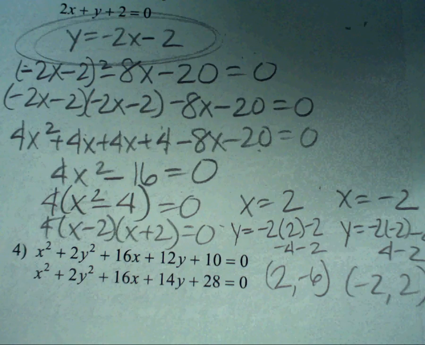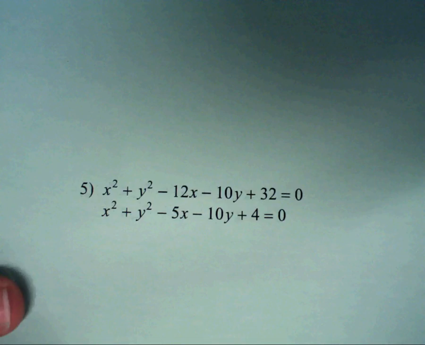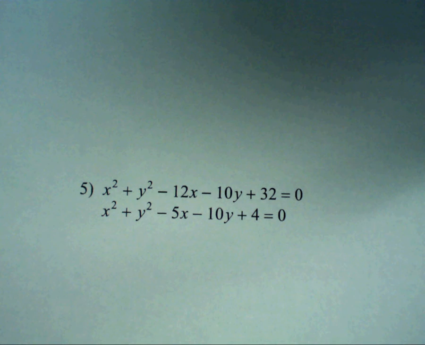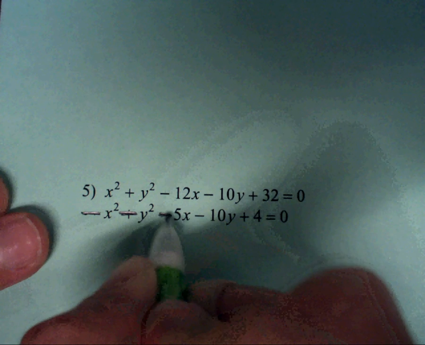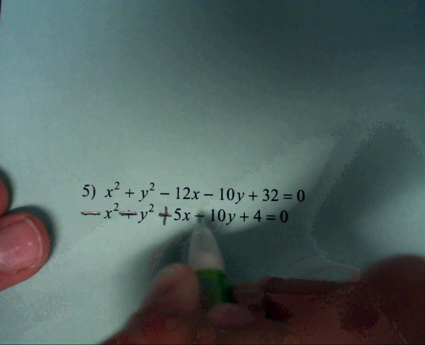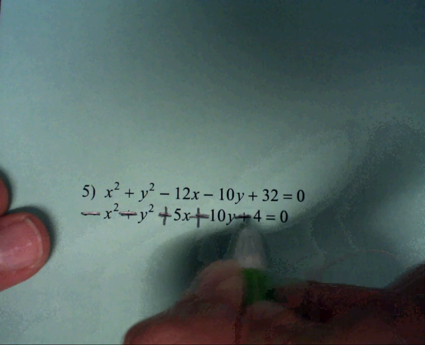Alright, so now I think I'll work number 5. Number 5, it'll be two equations we've not covered yet, but we can solve it by elimination because we can see we're awful close to eliminating. So what I do is I just switch all of the signs in one of the equations.